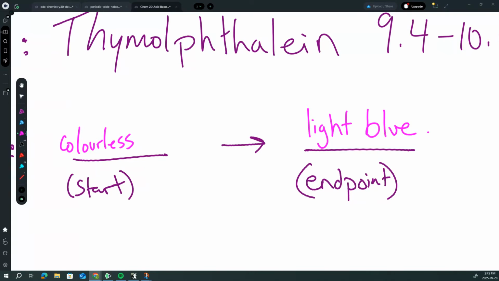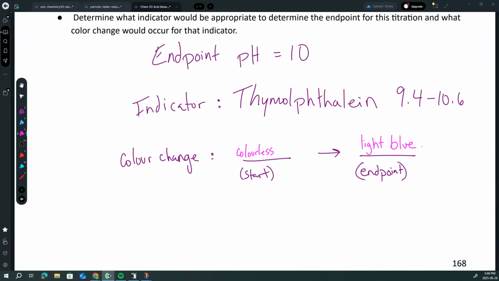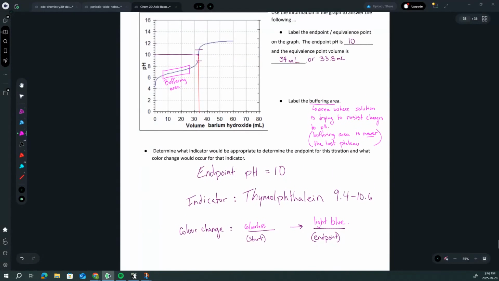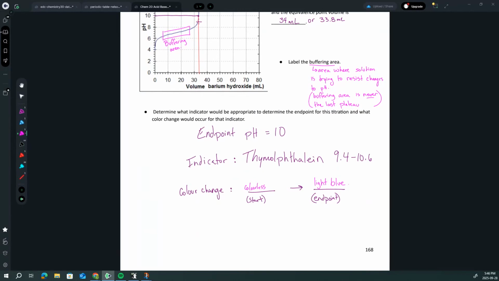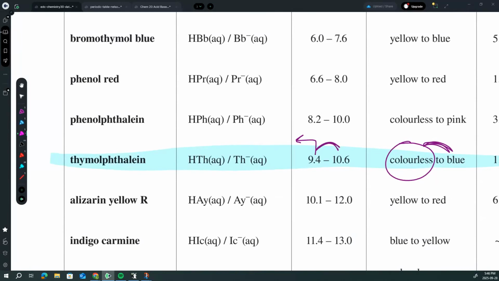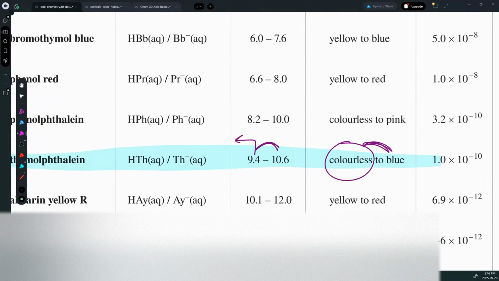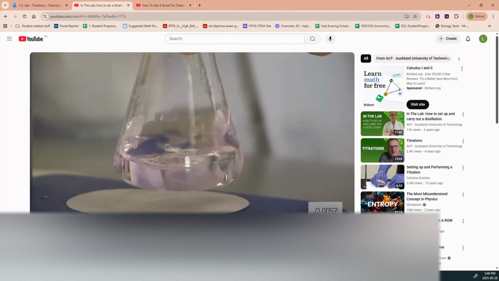So if you're wondering what that looks like, I can't give you an exact replica of this situation. However, I can tell you what it looks like when one uses phenolphthalein, which is colorless to pink. So it still gives you that idea of what it looks like to go from colorless to pink, and what the endpoint color would be that you'd look for. So that goes back to this video here.